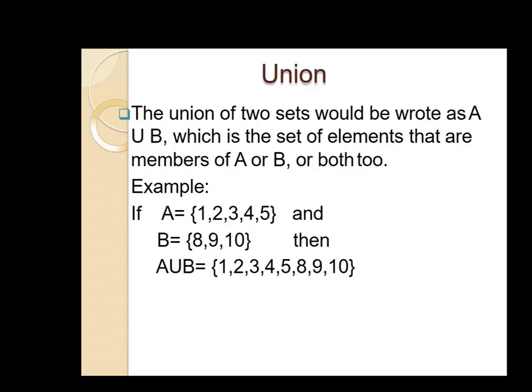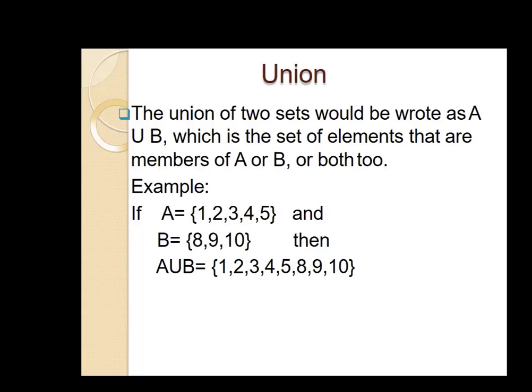Now what is union? As the name suggests, what do you mean by union? Of course, union means to join something, right? So in the case of sets, we will join two sets. Okay, so what does the definition say?